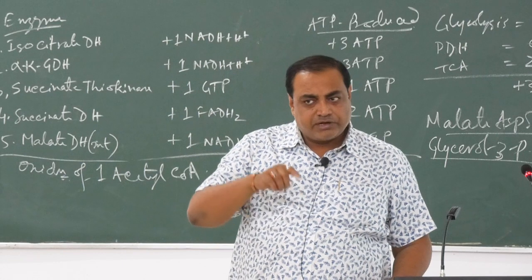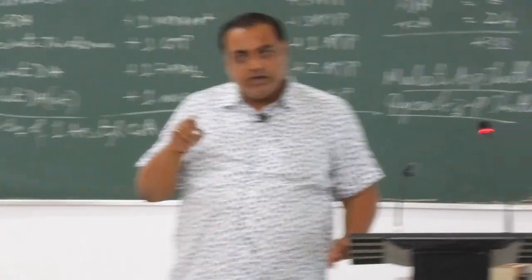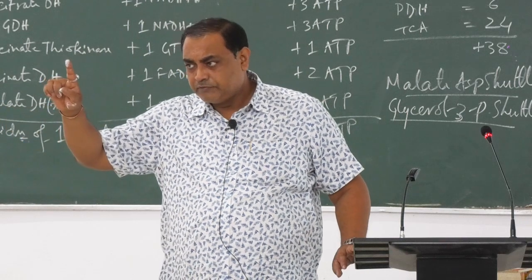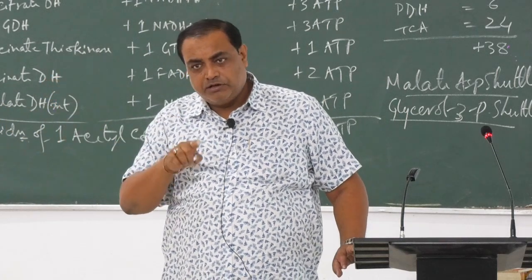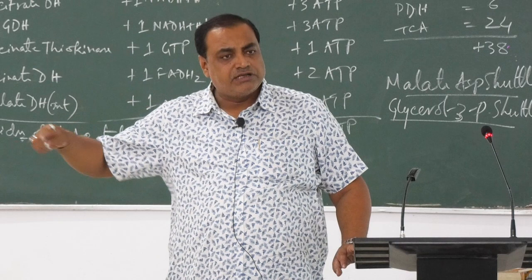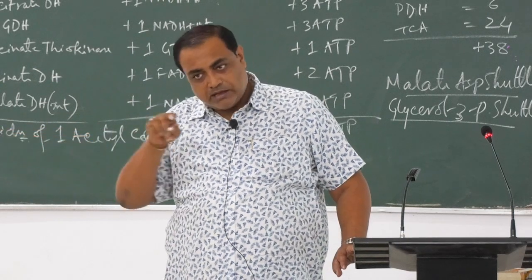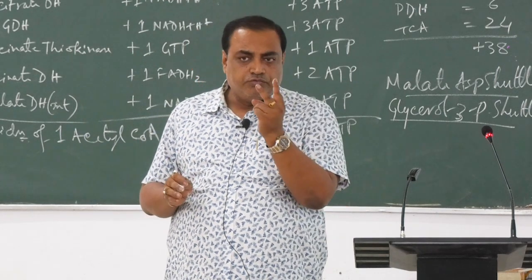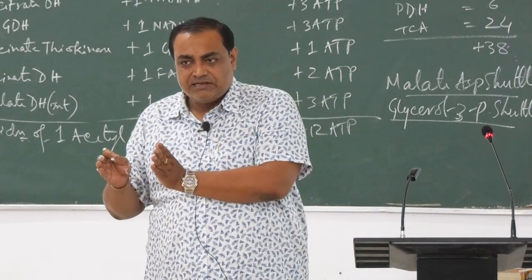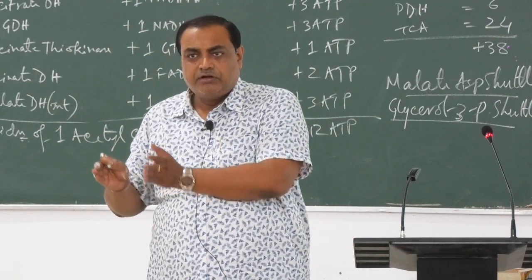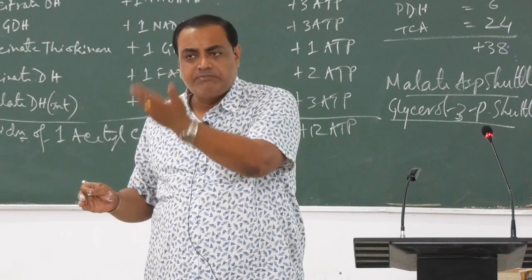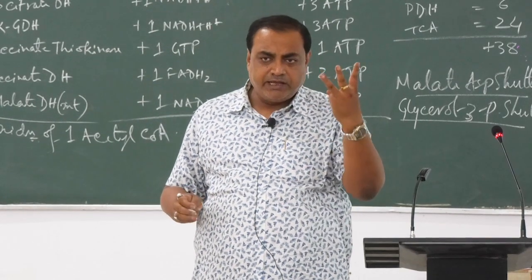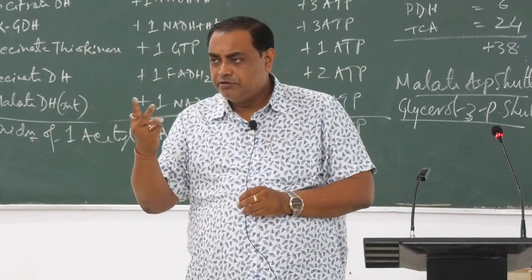So the electrons traveling from NADH will produce more potential difference of H plus ion because they pass through 3 transport systems, and electrons from FADH2 pass through only 2. So it will produce less potential difference of H plus ion across the membrane. So the first one will produce 3 ATP and the second one will produce 2 ATP. Clear?